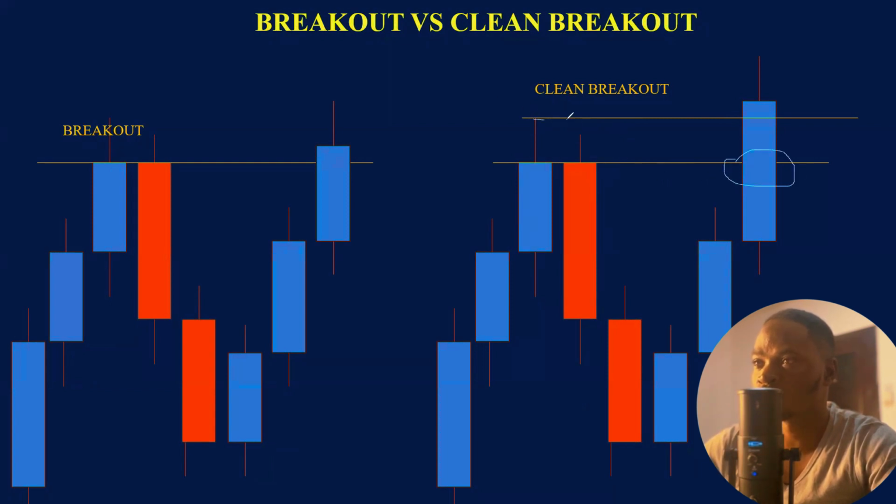But if this was the highest wick, I'll not call this a clean breakout. If it's able to close above the highest wick of the two candles, then I'll call this a clean breakout. I hope you understand. So that is it for today's topic. Let's go back to the chart and see some examples.